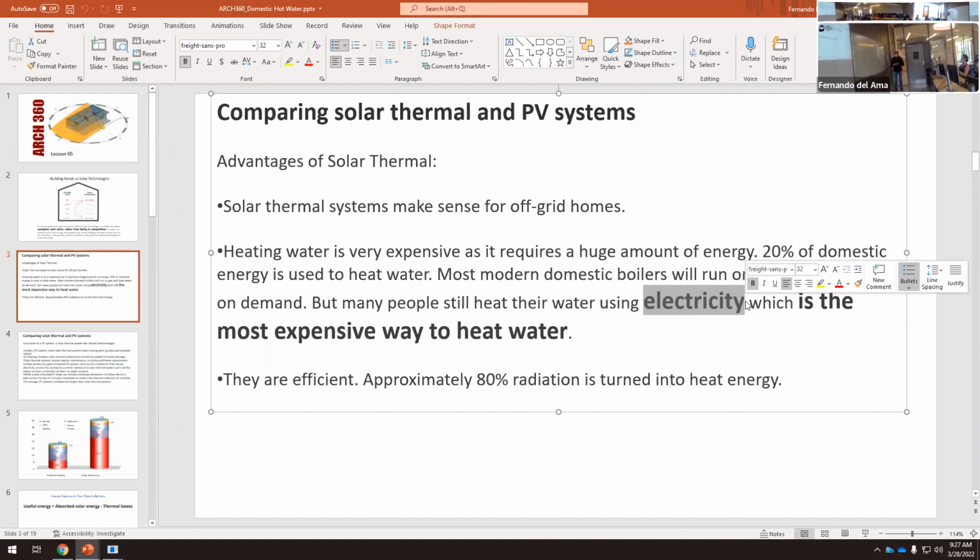But nowadays, using electricity from the grid to heat up water is the worst business we can have in terms of money and in terms of CO2 emissions, because with this we are emitting CO2.